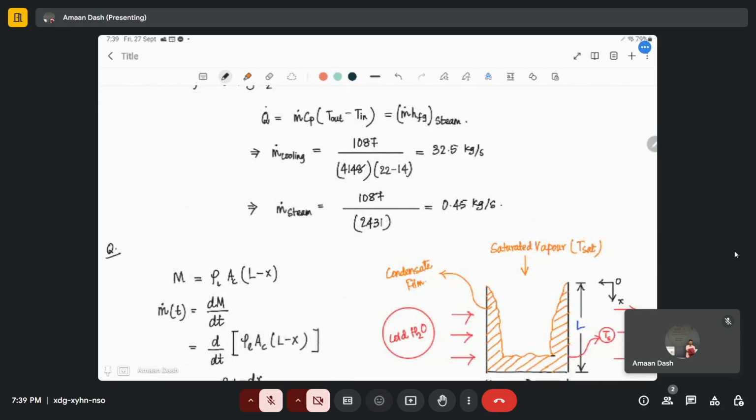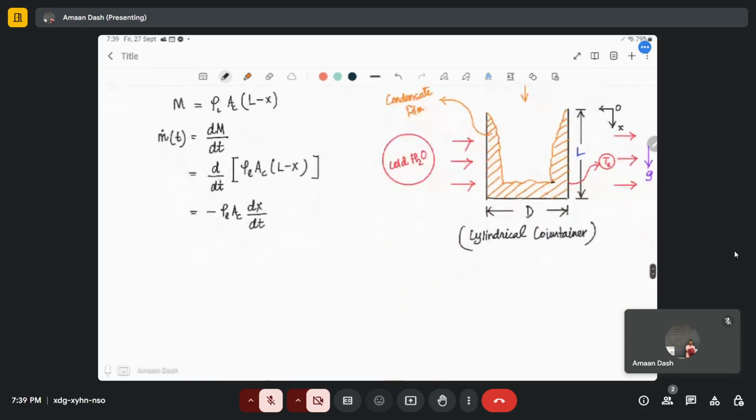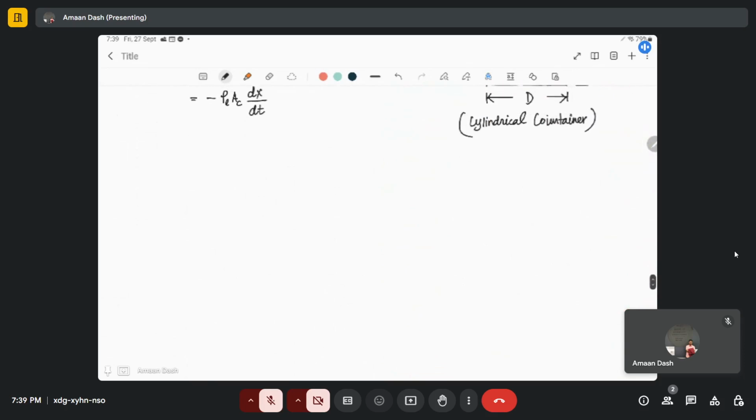You saw that when we equate it to the heat, the rate of heat transfer is equal to the energy required for phase change times the mass flow rate. Similarly, we can write the same thing here: Q dot is equal to m dot times h_fg.